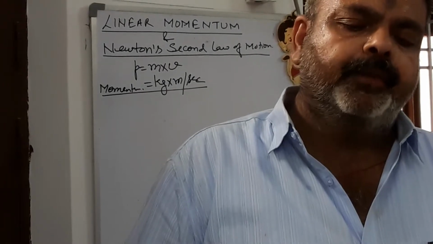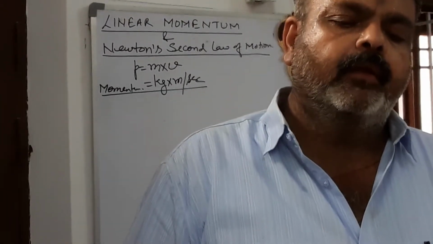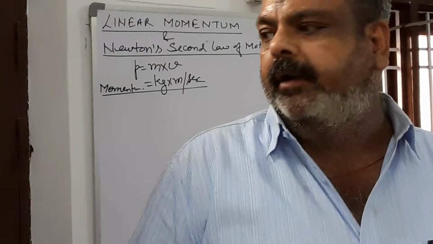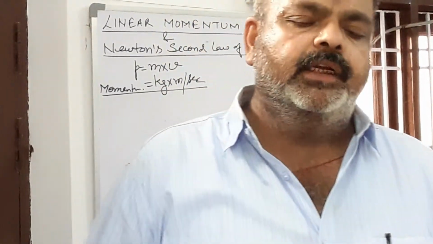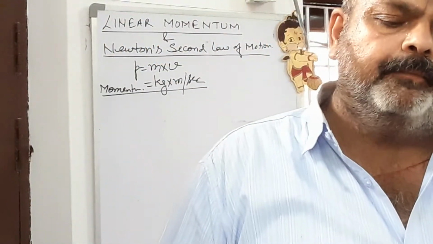Change in momentum is final momentum minus initial momentum. Clear? So delta P is equal to delta mv, or m delta v.